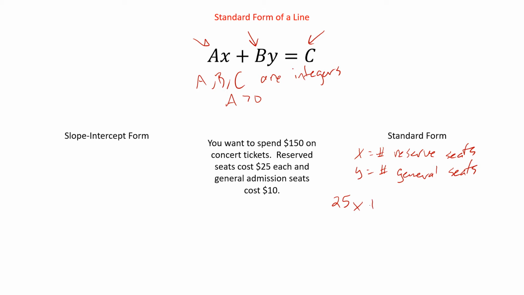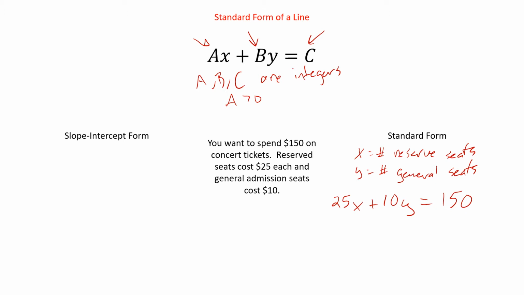And then we're going to add on to that the amount we spend on general seats. That's going to be $10 times however many we get. And what we have is we have $150 to spend. This is the equation in standard form. This 150 is called the constraint because that's our limiting factor. That's all that we have to spend.